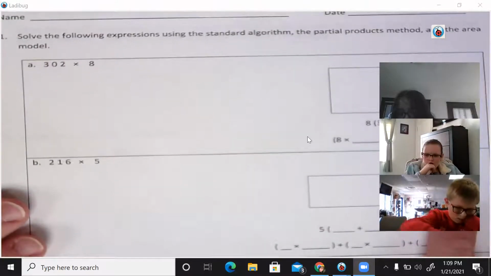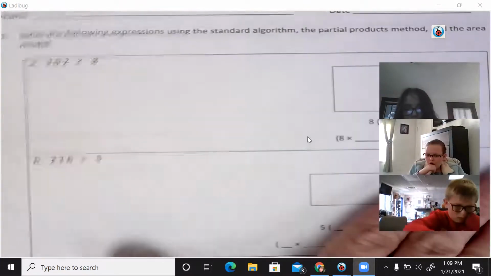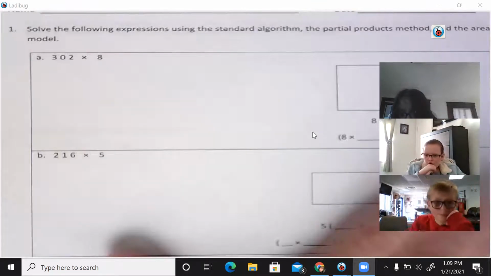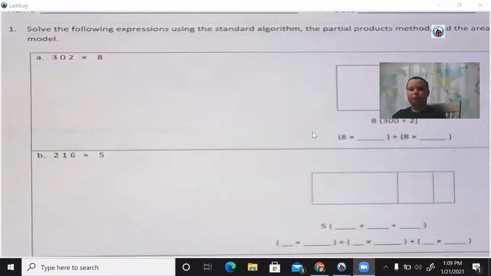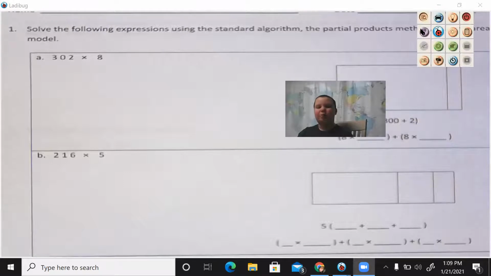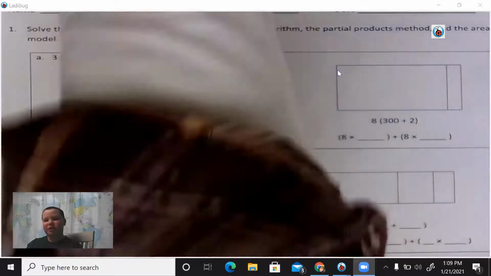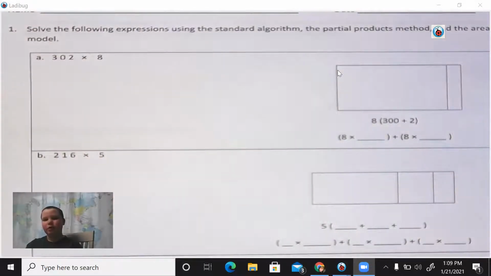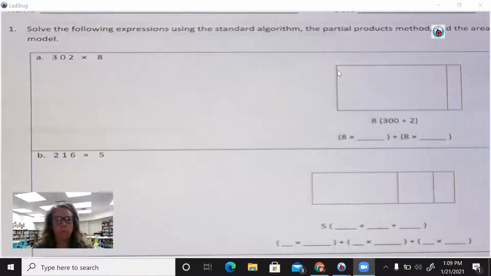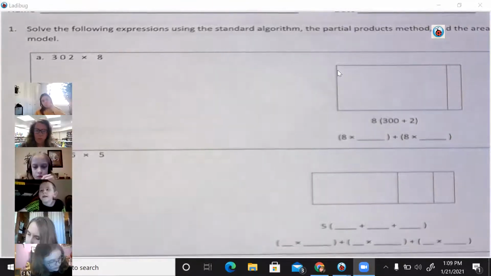Solve the following equations using the standard algorithm, the partial products method, and the area model. Okay, those are the directions, but since you're coming to class, sometimes I switch things up.